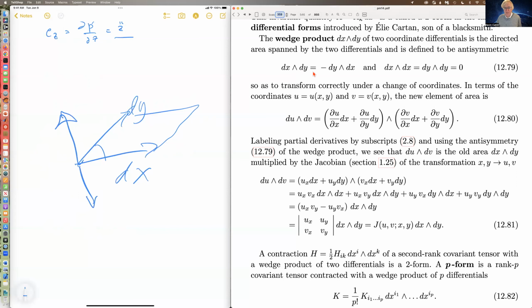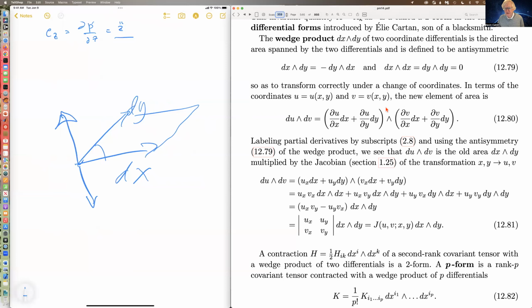And so that's why you have dx wedge dy equal to minus dy wedge dx. And dx wedge dx, well, the area there is 0 because the two dx's are parallel.